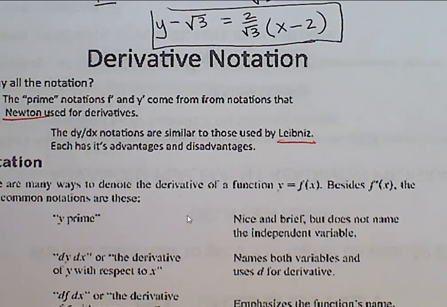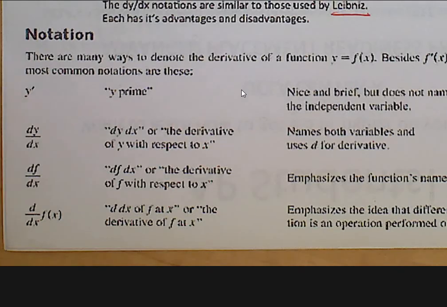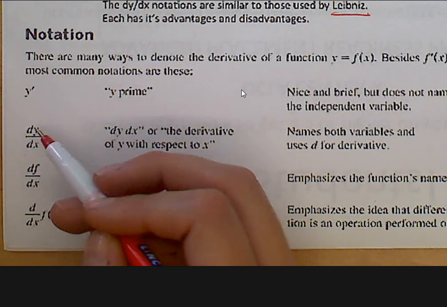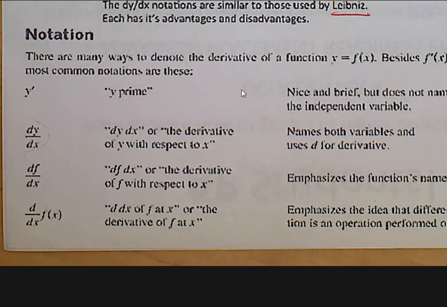For instance, the d's that are always here stand for derivative. And then y, x, or f are just representing the variables that we're using. Very commonly we use this dy dx, the derivative of y with respect to x.